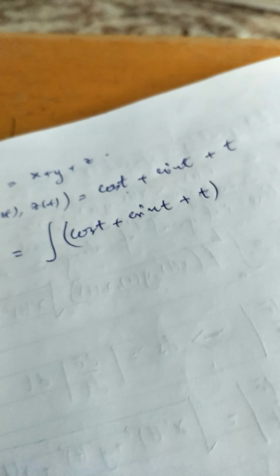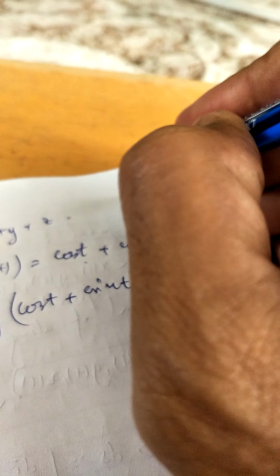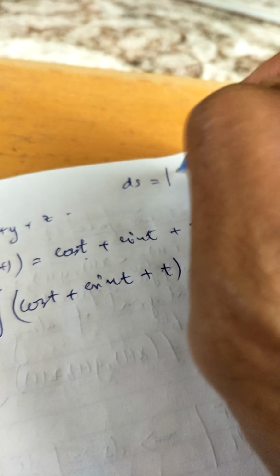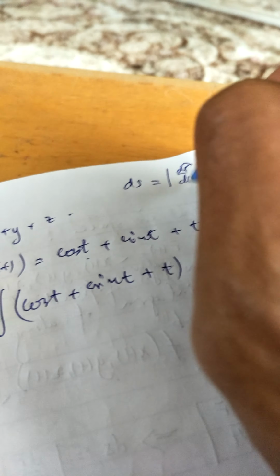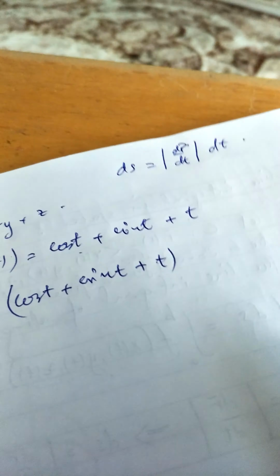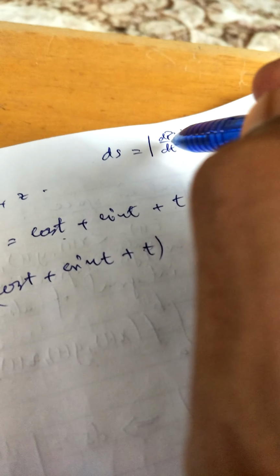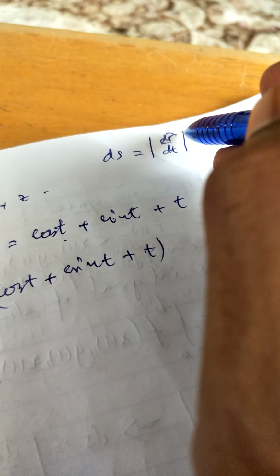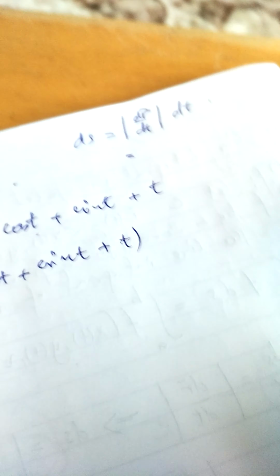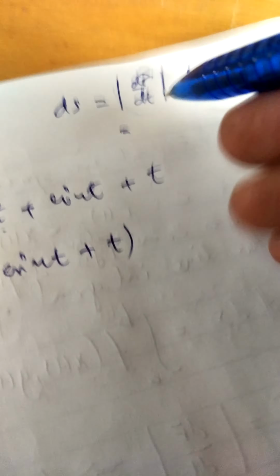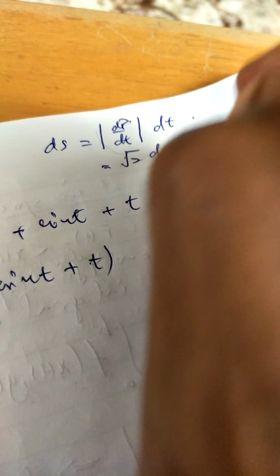And ds is the magnitude of dr/dt, where we have shown that it is equal to square root of 2, so square root of 2 dt.